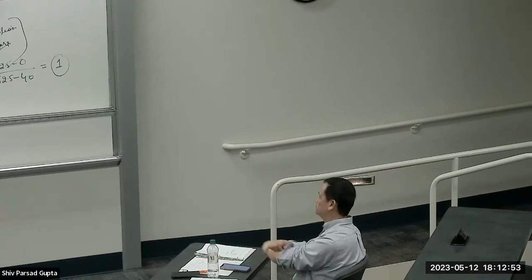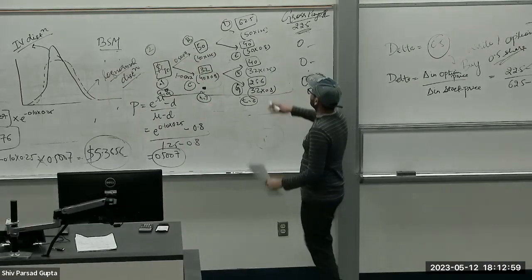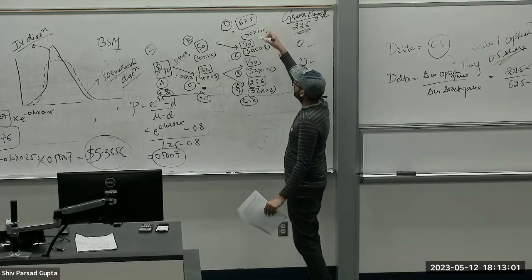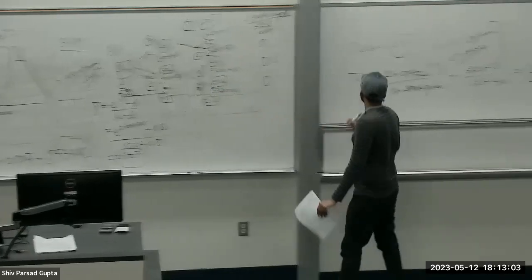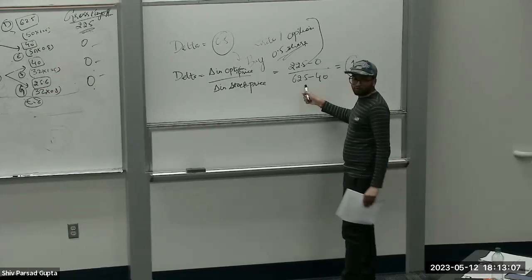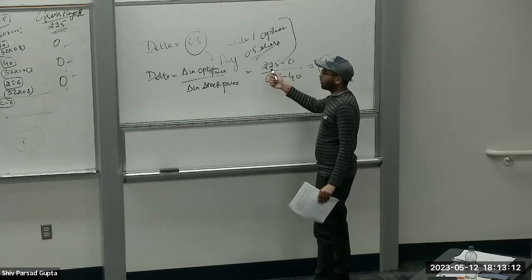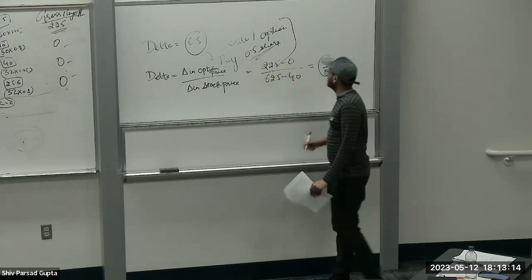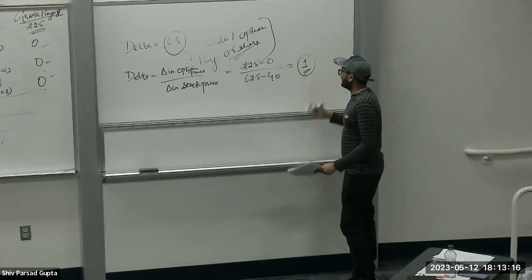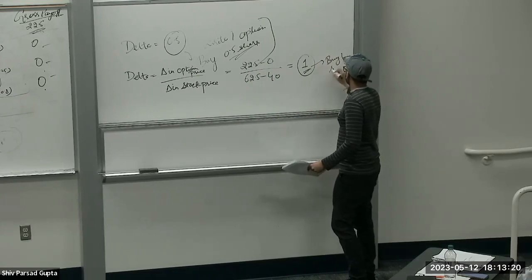At T equal to 3, we know that the stock price can either move up to 62.5 or fall to 40. So the change in stock price is 62.5 minus 40, and the option payoff accordingly will be 22.5 minus 0. So that's why delta is 1, and delta 1 indicates that you have to buy or hold one share.